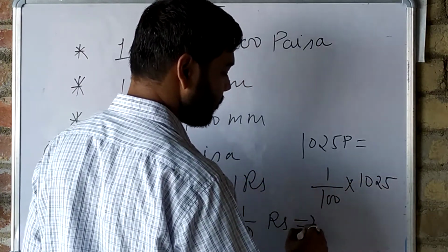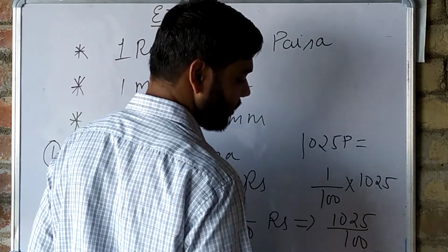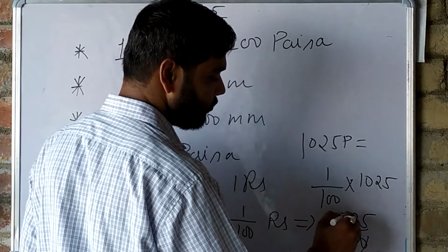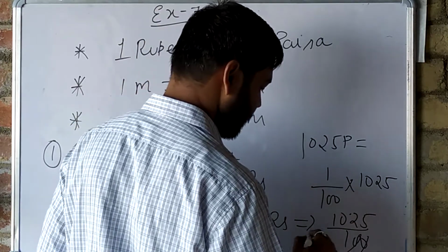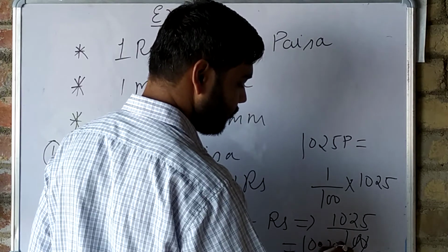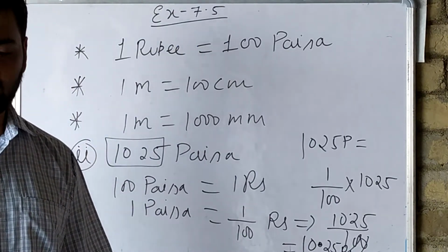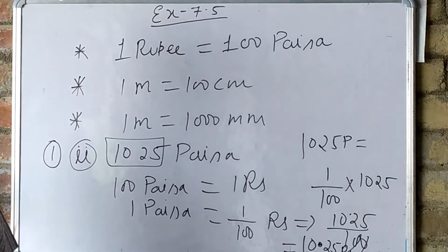The value is now converted to 1025 by 100. Now a decimal will come here, so the answer will be 10.25 rupees. Okay, 10.25 rupees.